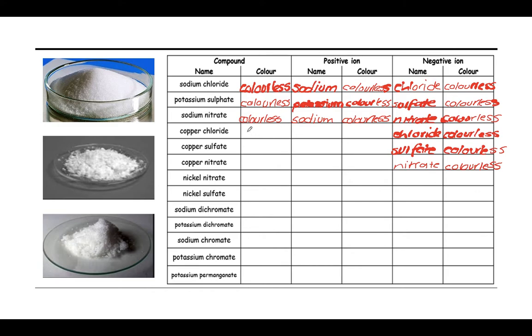So that means that the blue colour seen in copper sulfate, copper nitrate and copper chloride comes from our positive copper ion. So our copper ion then will be blue.